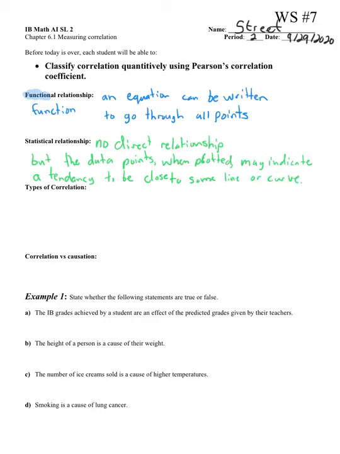That's where a statistical relationship comes in. You might not include all the points, but you could definitely include some of the points and almost draw a line through some of them. That's what a statistical relationship is about.